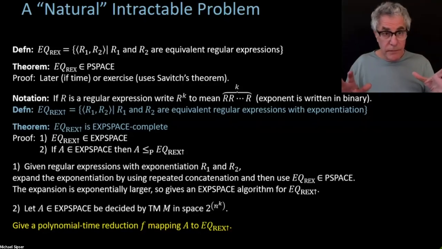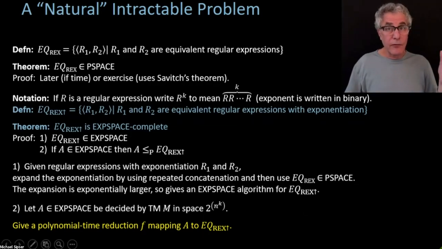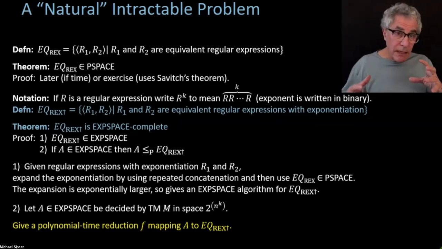So let's make sure we're all together on the plan before we go ahead and carry out that plan. We just sort of set things up here in a sense for what we're going to be doing. So feel free to ask a question on just the plan. This part is going to get technical, because as doing these reductions always is, there's a simulation involved, and you have to describe that simulation in its own way.